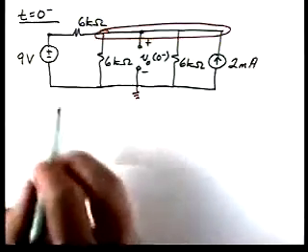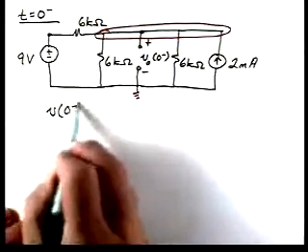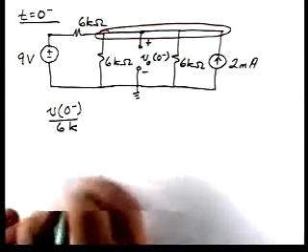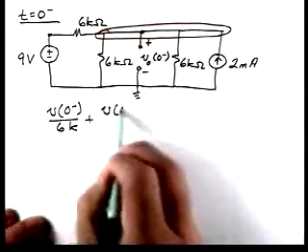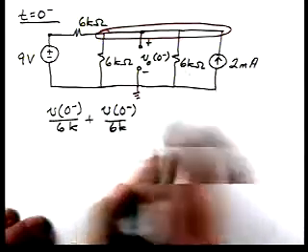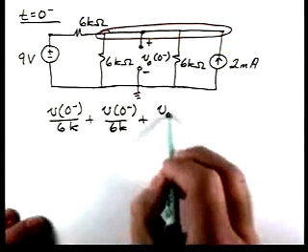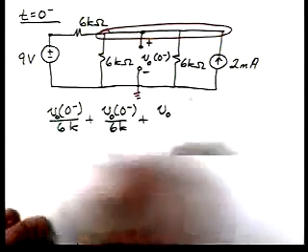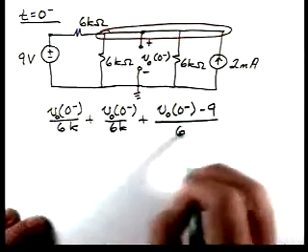If we do KCL at the top node, we get V0 of 0 minus over 6K. For instance, that could be the current here. Then V0 of 0 minus over 6K would be the current here. Then we would have V0 of 0 minus 9 over 6K.